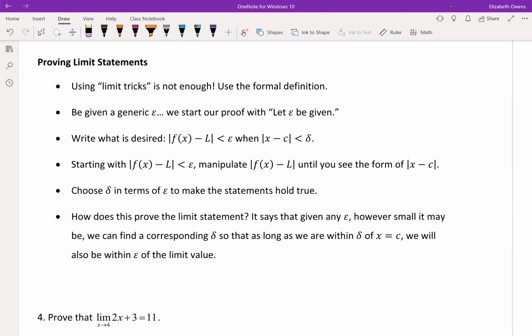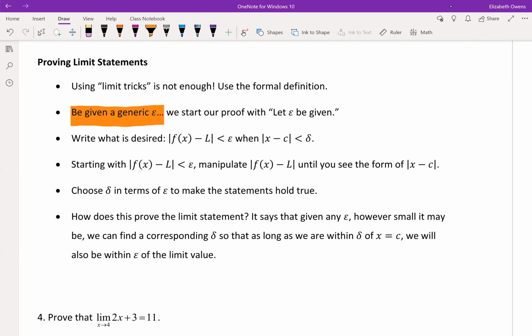Now, when we do proof problems like this, you might find if you go further into more mathematics classes, you start doing more proofs, and there are some formalities to this type of problem. They're a little bit wordy. Sometimes you have to use fairly specific language. One thing that we're going to start all of these proofs with is the statement, let epsilon be given. And what that's saying is in this proof problem, we are saying, okay, we can be given some generic sort of epsilon value.